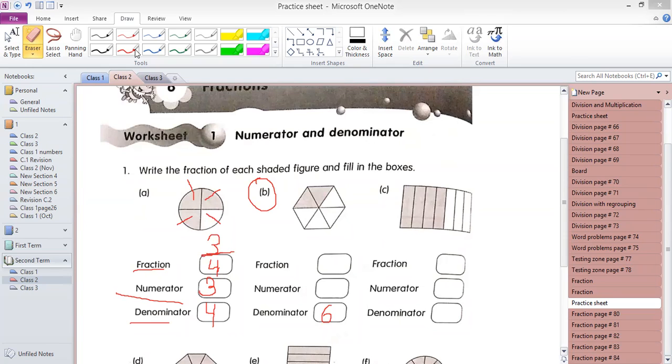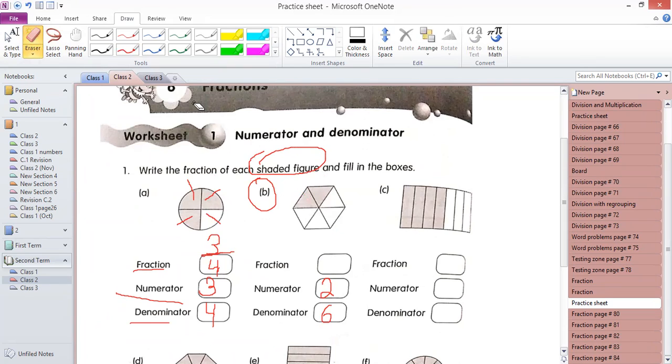The numerator here is 2. Why 2? Because there are only 2 parts shaded and we have to write the fraction for the shaded figure. So the numerator will be 2.